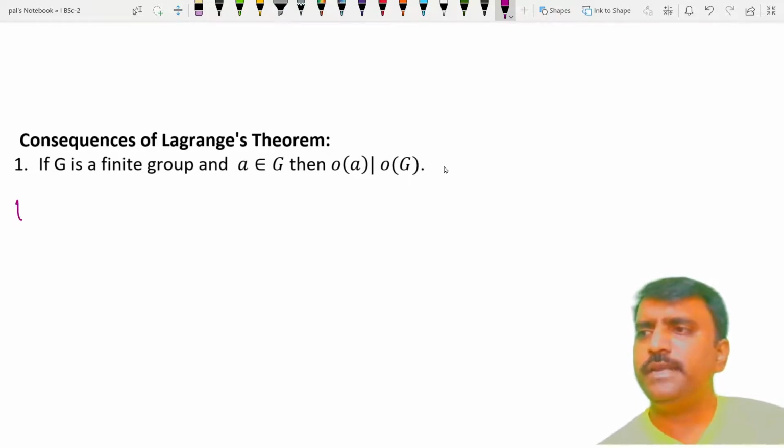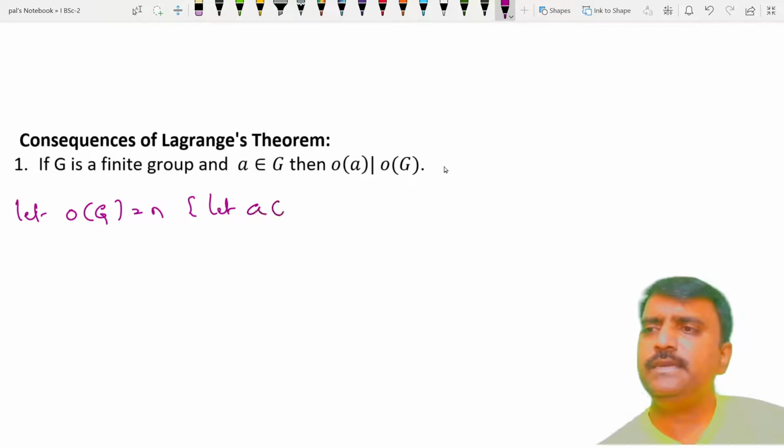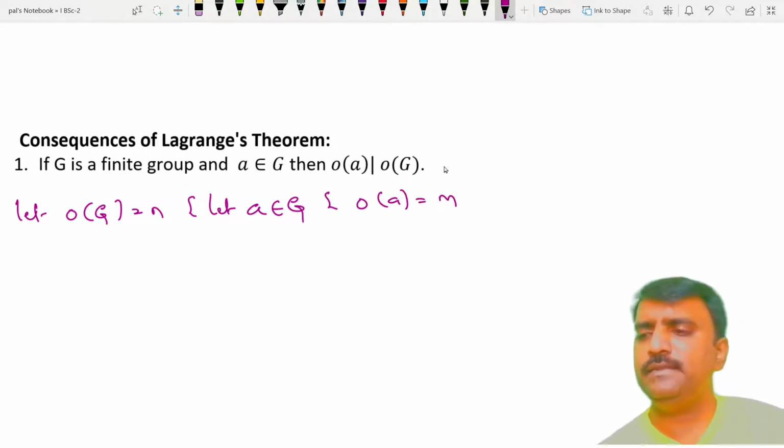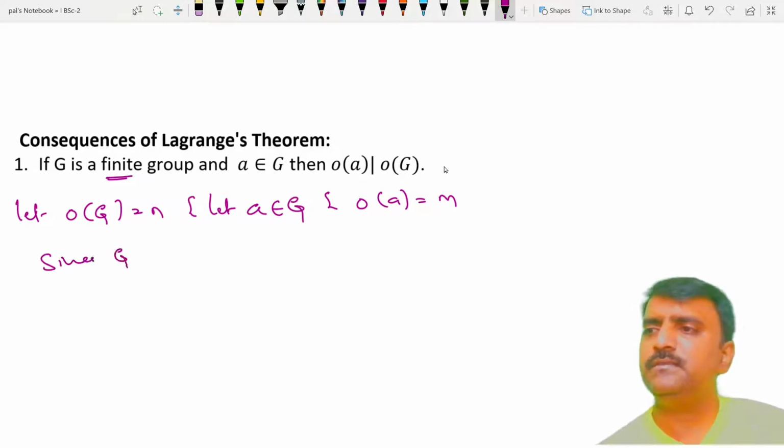To prove this, we can use Lagrange's theorem. So let order of G be equal to n, and let A be any element of G. Take the order of A to be some m. Since G is a finite group, m is also finite.